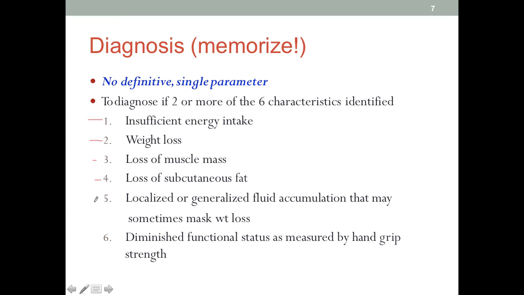So even though they weigh the same, we can deduce that their body mass has actually decreased, and the difference in weight is made up by fluid retention. We see this often in patients with congestive heart failure, liver disease, or chronic kidney disease.